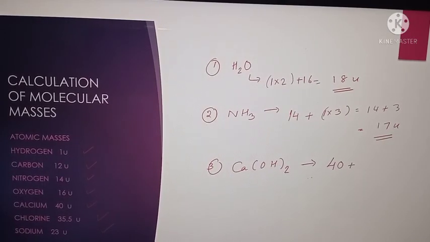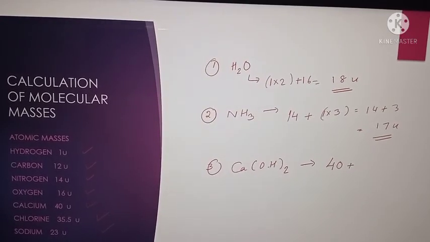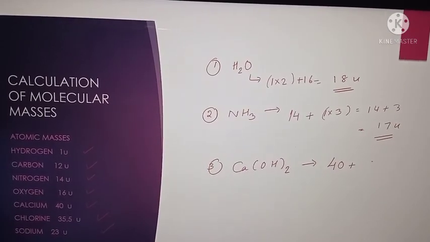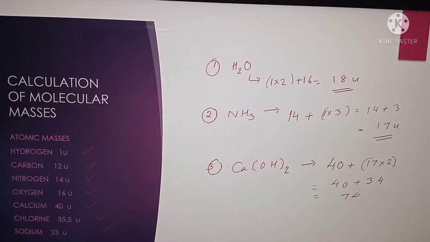So 40 plus, then you can add oxygen and hydrogen together. 16 for oxygen and 1 for hydrogen, that is 17. That you can multiply with 2. 17 into 2. So it will be 40 plus 34, that is equal to 74U.